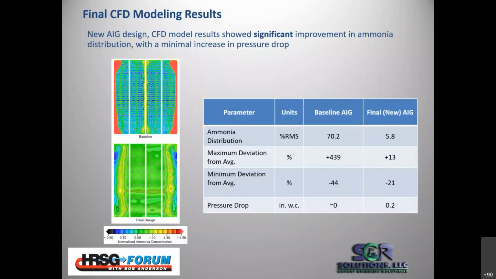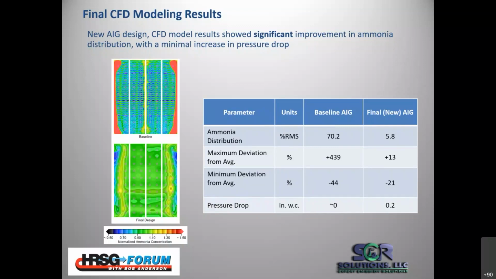From the CFD information, you can see the ammonia distribution that we started out with was 70% RMS, which is pretty terrible. So it was easy to improve it, but the question is, how far do we go? Just some of the change in the ammonia injection grid got the distribution to around 10%.